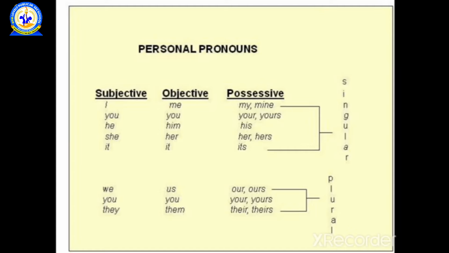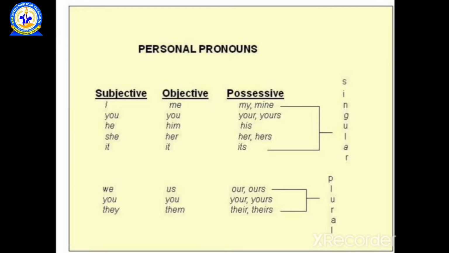Then again, for subjective we use you, and then we can use you in the objective as well. And if we are talking about the possessive case, we use your and yours. He can be used in the subjective case, him can be used in the objective case, and his under the possessive case. She again for the subjective, her in the objective case, and her or hers in the possessive case in order to show the possession. It in the subjective, it in the objective, and its in the possessive.